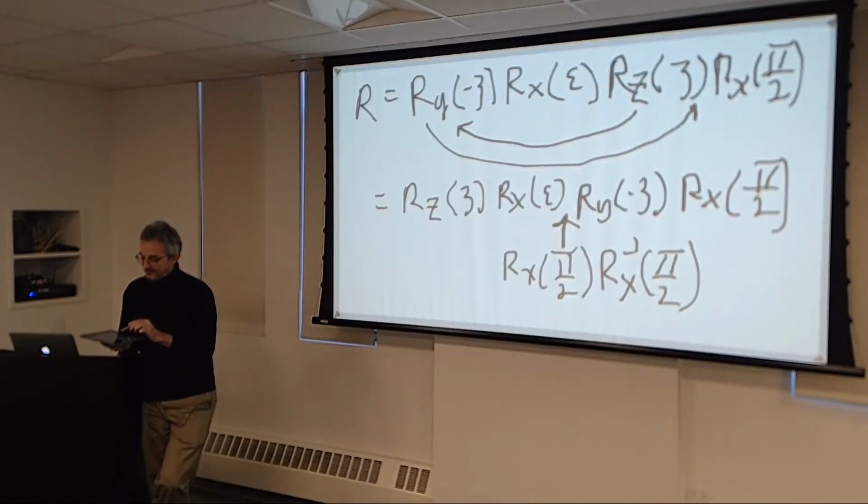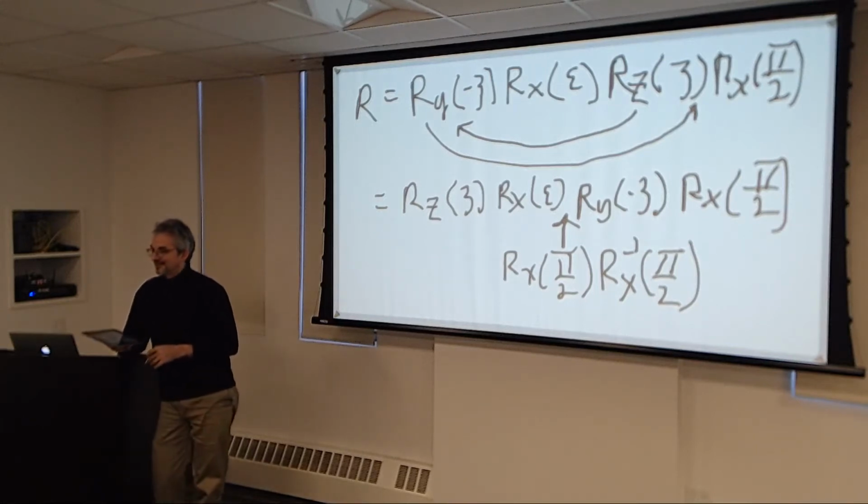And notice I put these in a different order because I wanted to make another triple where I have a positive rotation, something in the middle, and then the inverse rotation. So this triple says I want to do a rotation by minus pi over 2 around the minus, acting on a minus y rotation. So I'm doing two things backwards.